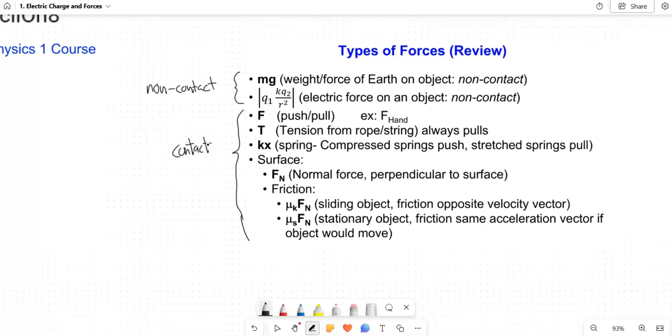So a good method, when you're doing these problems where we're now bringing your old forces from your Physics 111, Physics 121 content into the Coulomb force that we've been studying this whole time, is this: once you get these two non-contact forces out of the way, you just ask yourself, what is physically touching your object?